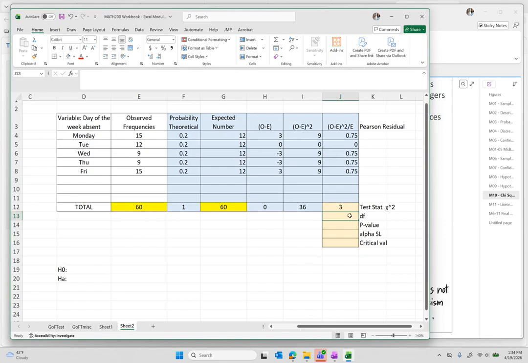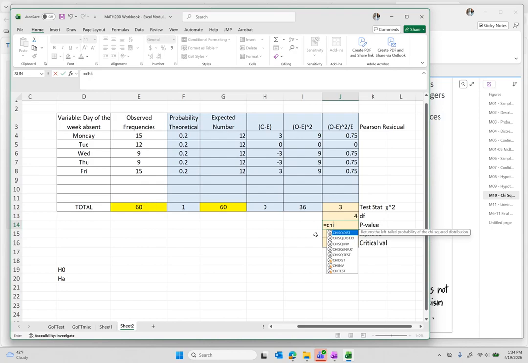The degrees of freedom equals the number of categories minus 1. So I'm going to count the number of data observations that I have and then subtract 1. And for the p-value, I'm going to use the chi-squared distribution in Excel.